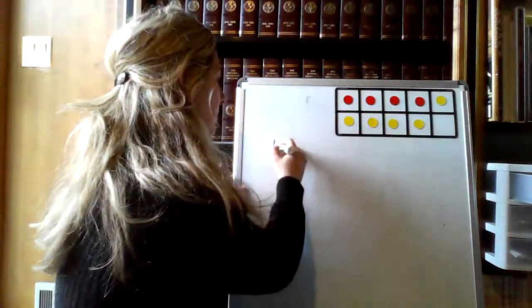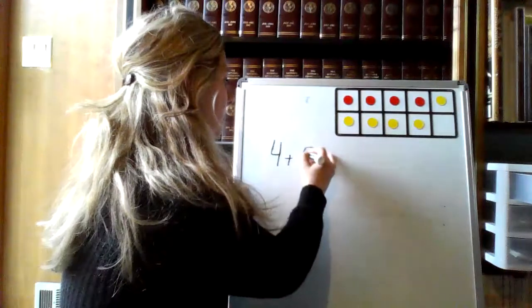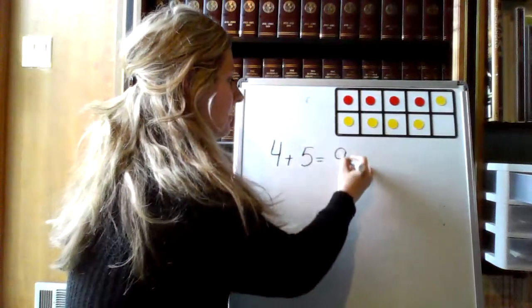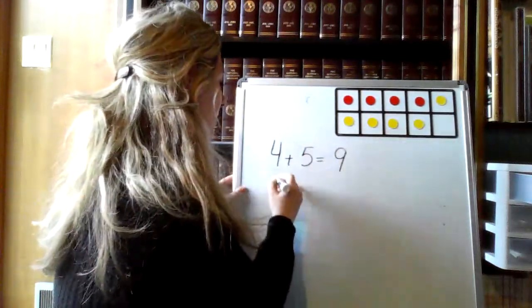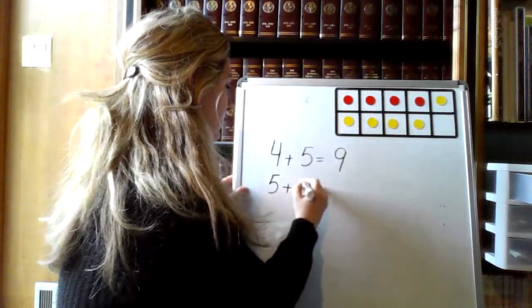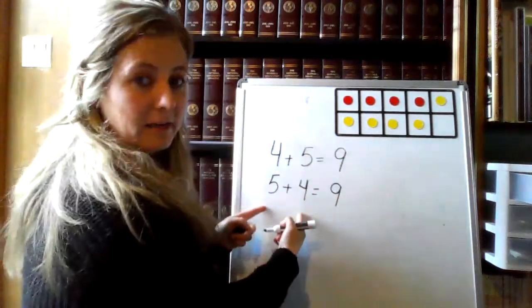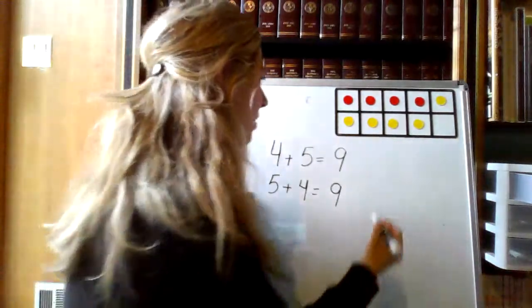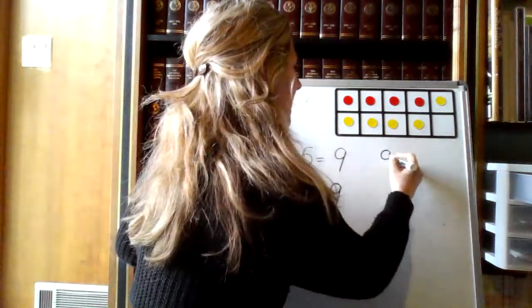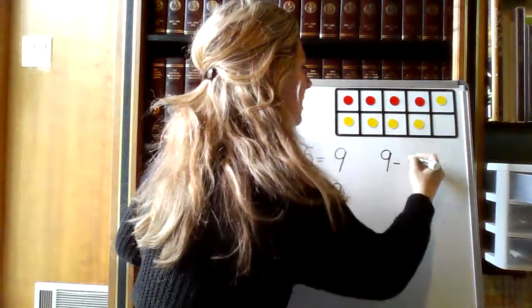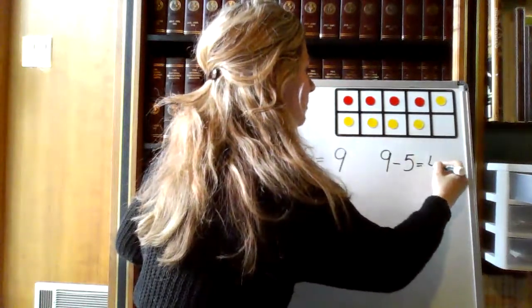So we know that 4 plus 5 is 9, right? And we know that 5 plus 4 is 9. We just switched them around, right? Okay. And we also know that 9 take away 5 is 4.